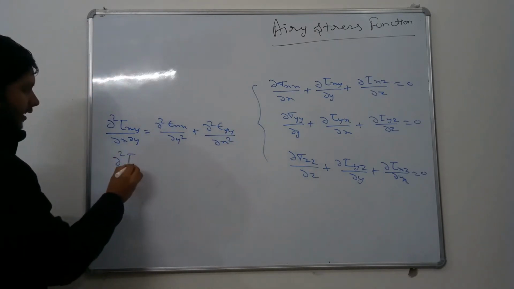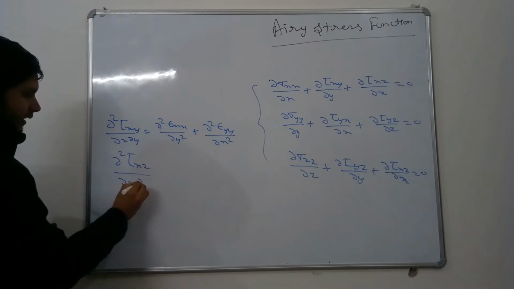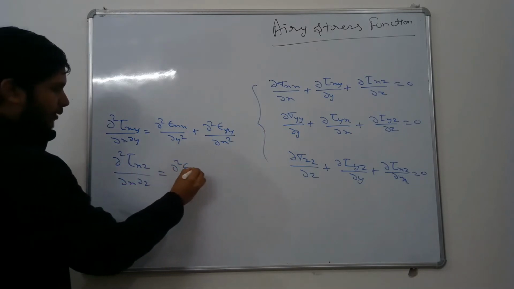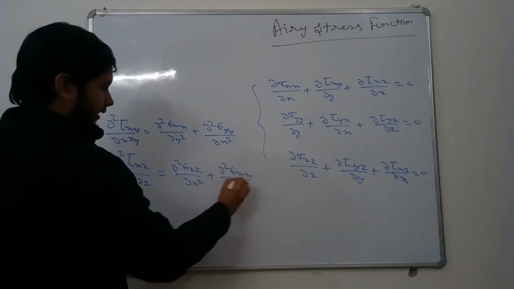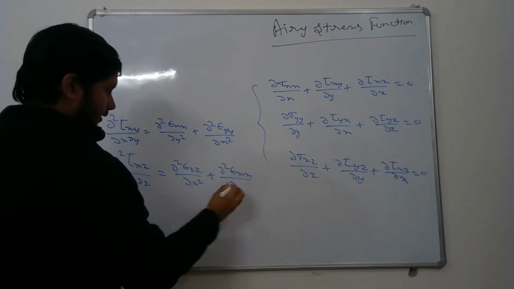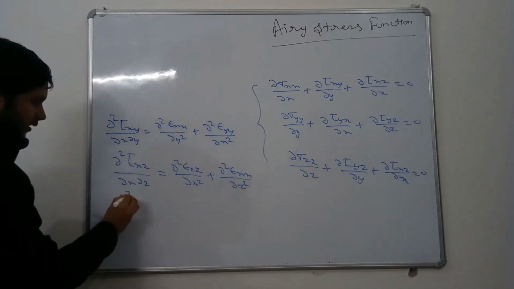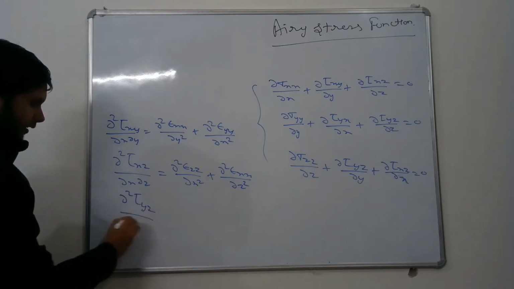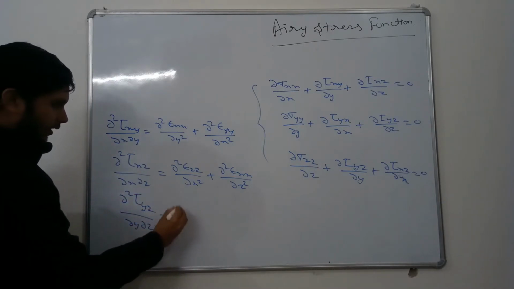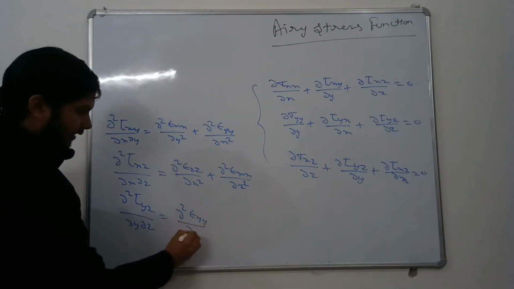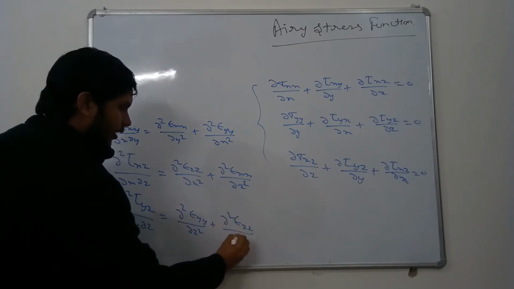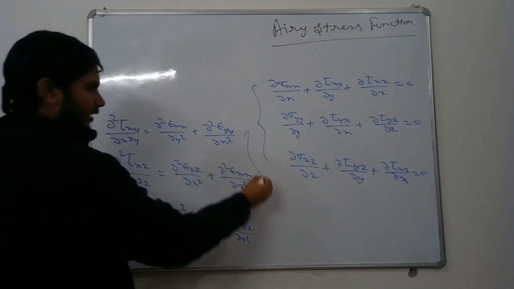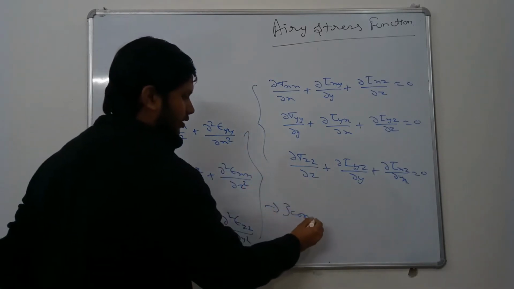Similarly, del square gamma xz upon del x del z equal to del square epsilon zz upon del x square plus del square epsilon xx upon del z square. Similarly, del square gamma yz upon del y del z equal to del square epsilon yy upon del z square plus del square epsilon zz upon del y square. So these are 3 compatibility equations.